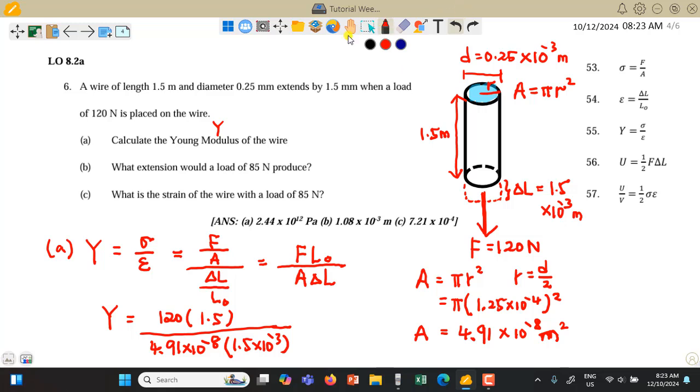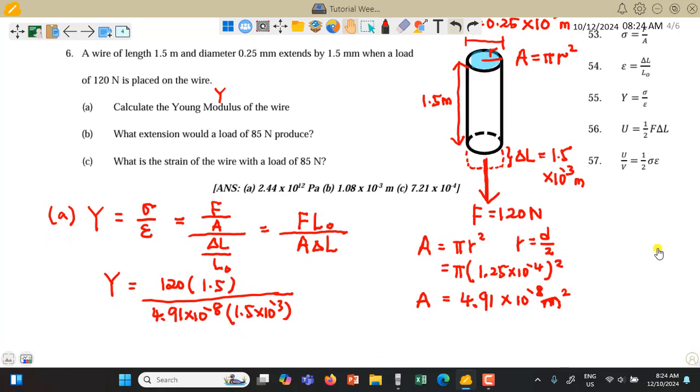Again, you can pause the video to do the calculation. We will get the Young modulus as 2.44 times 10 to the power of 12. The unit for Young modulus is Pascal. Then we have solved question A, and we move on to question B.